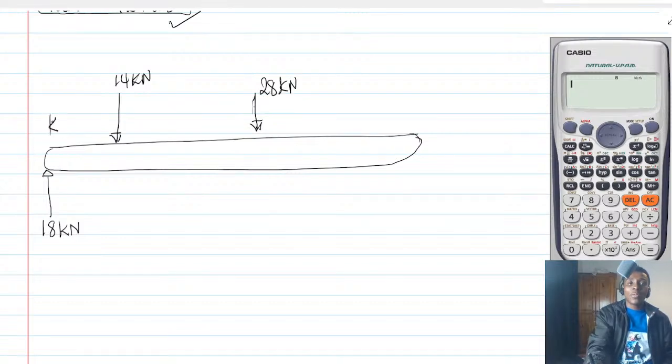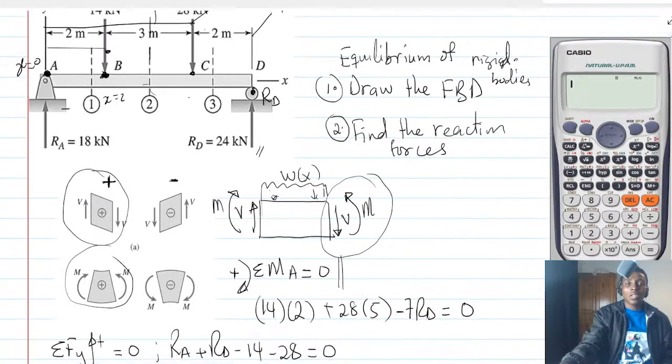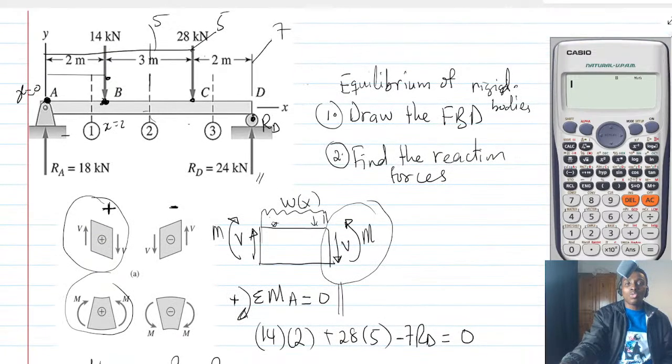The distance from here to here is 2, and the distance from here to here is 3. So let's say this is A, B, C, right? So yeah, A, B, C, 2, 3.